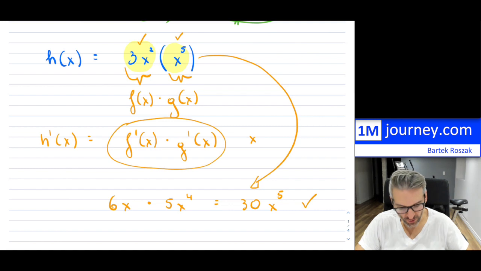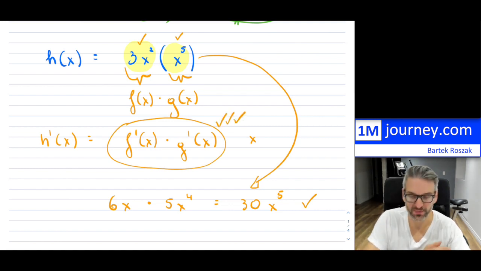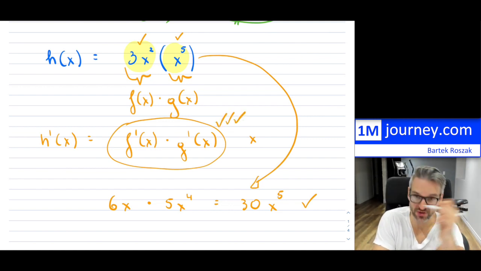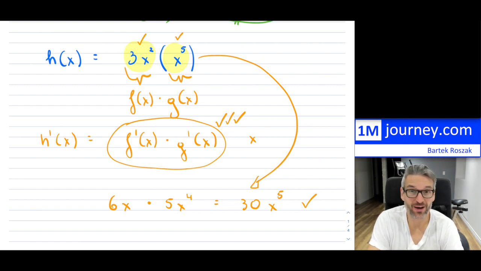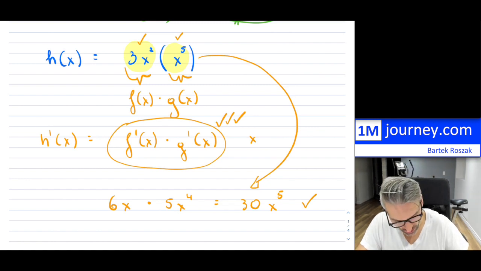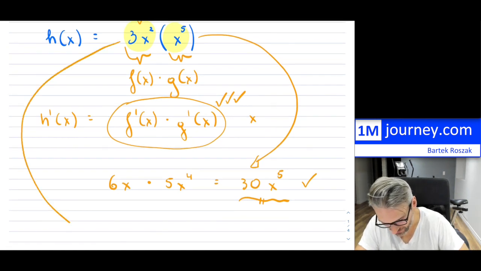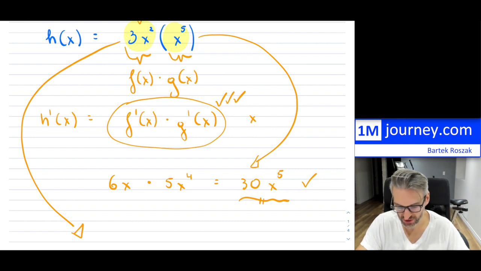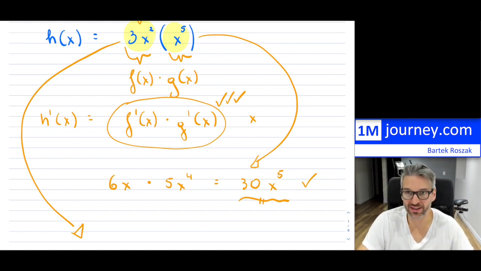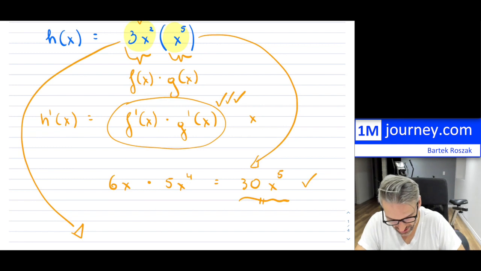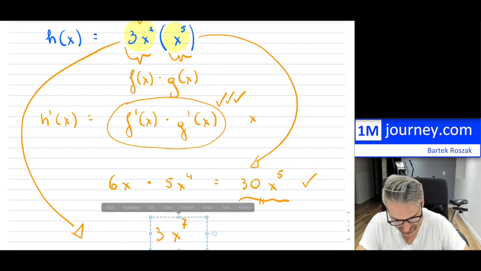If it was this easy, if we could just take the derivatives of each function separately and multiply, that would be amazing. Unfortunately, it doesn't work. How do I know that this isn't the answer? Because I can simplify this. These two functions, I can very easily multiply. I would get 3 times x to the 7. That is really what h(x) is.